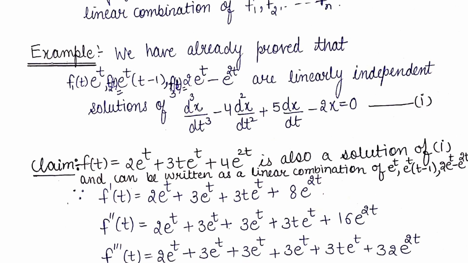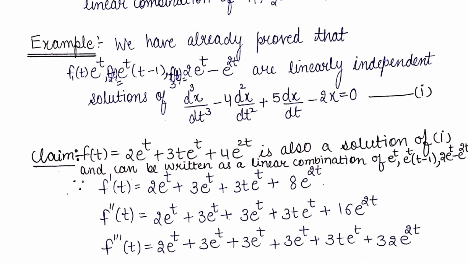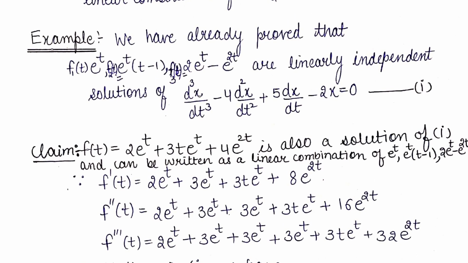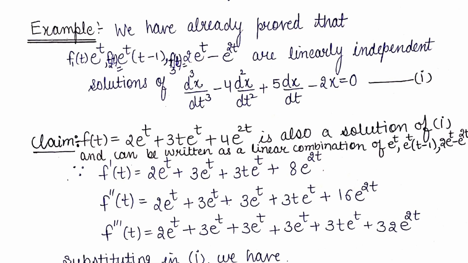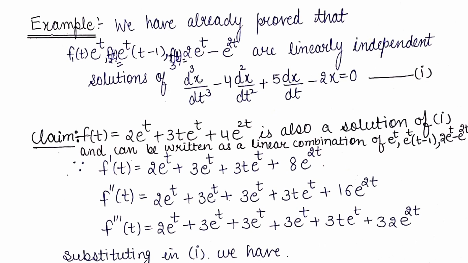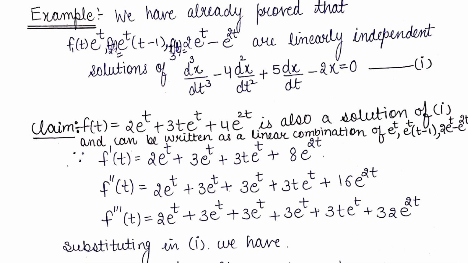Now because it is a fundamental set of solutions, we take another solution. Let f(t) is equal to 2e^t plus 3t plus 4e^2t. Now we claim that this function is a solution of 1.